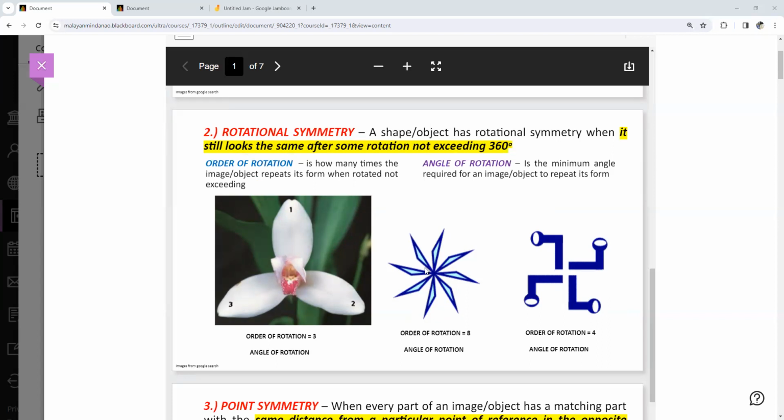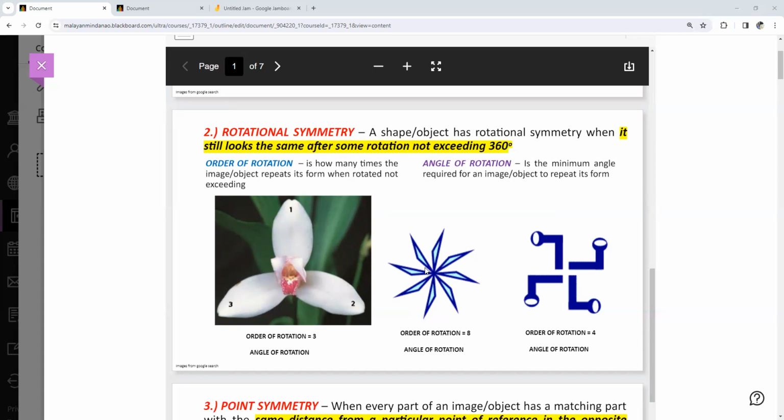So if you notice this three-petal flower, the minimum angle with which you can rotate the shape, whether clockwise or counterclockwise, so that it looks the same after rotating is 120 degrees, diba? If you rotate the flower 120 degrees, it will look the same as its original pre-image.